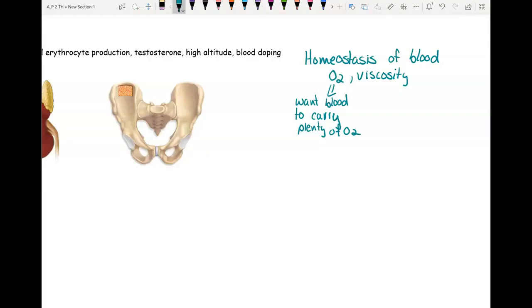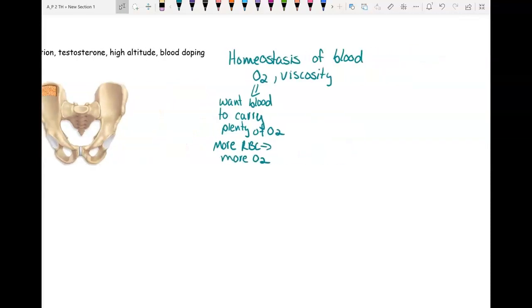The more red blood cells you have, the more oxygen you can carry. But red blood cells also increase the viscosity of your blood. So the more red blood cells you have, the thicker your blood is. Viscosity means how thick your blood is.